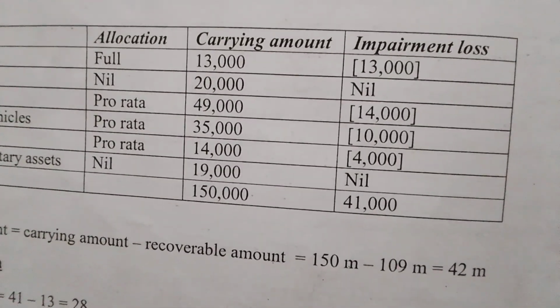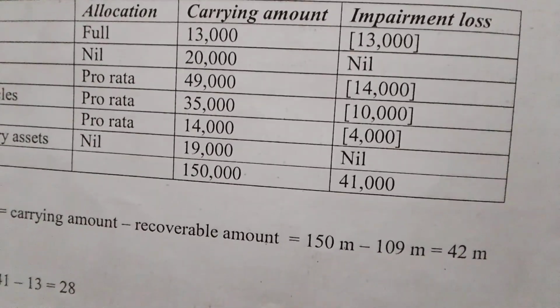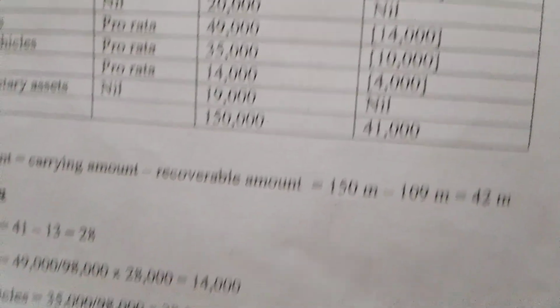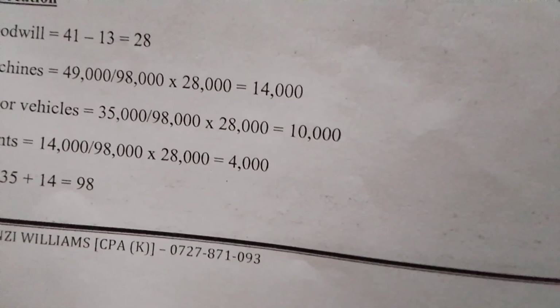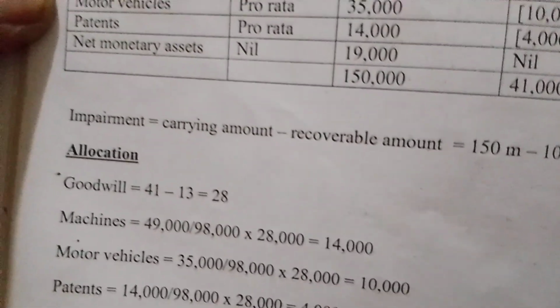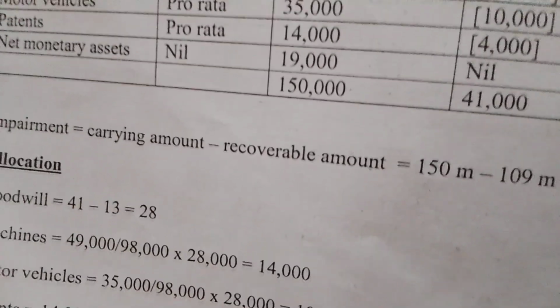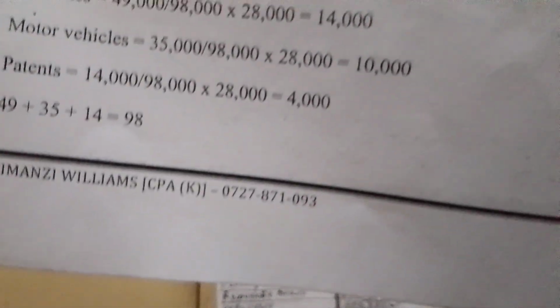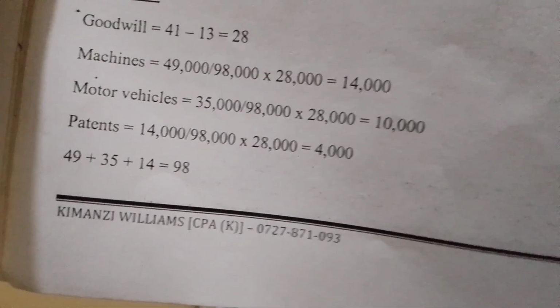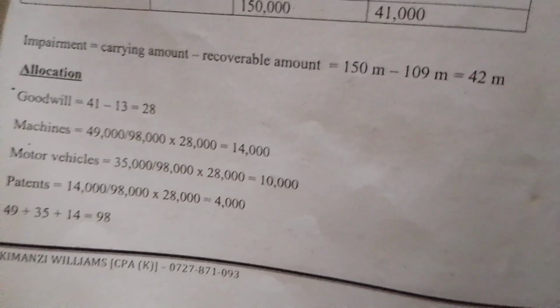Where is 98 coming from? 49 plus 35 plus 14, times 28. 28 is what remains after goodwill, 42 minus 13. Then patents and all that. So you got 14, 10 and all that. So you sum them together.